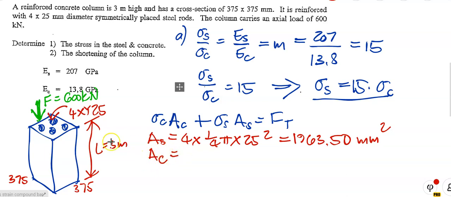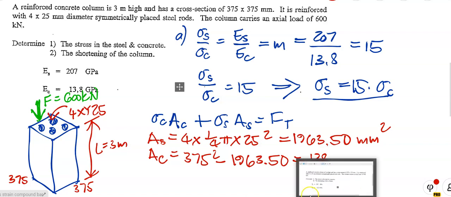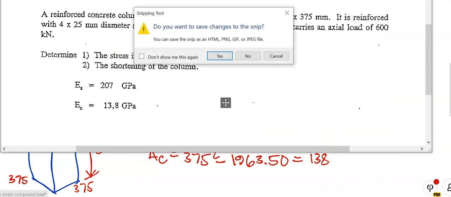Yes, we can. How do we do that? It's the total square minus the one we just found. So it's 375 squared minus 1963.50, which is equal to 138,661.50.